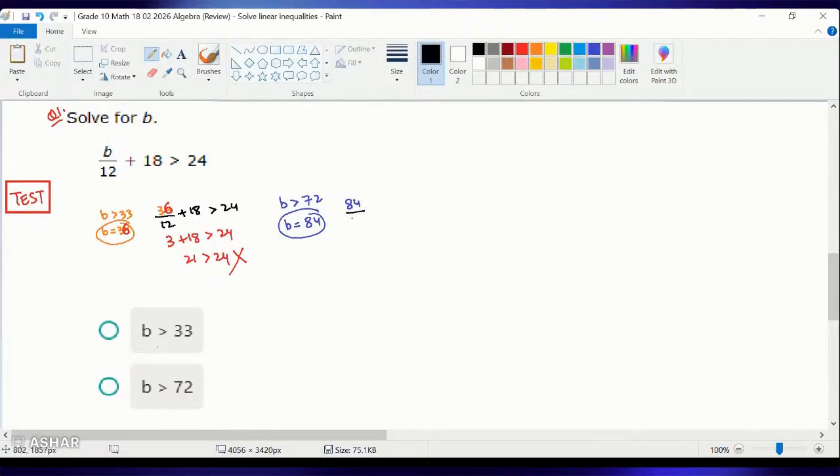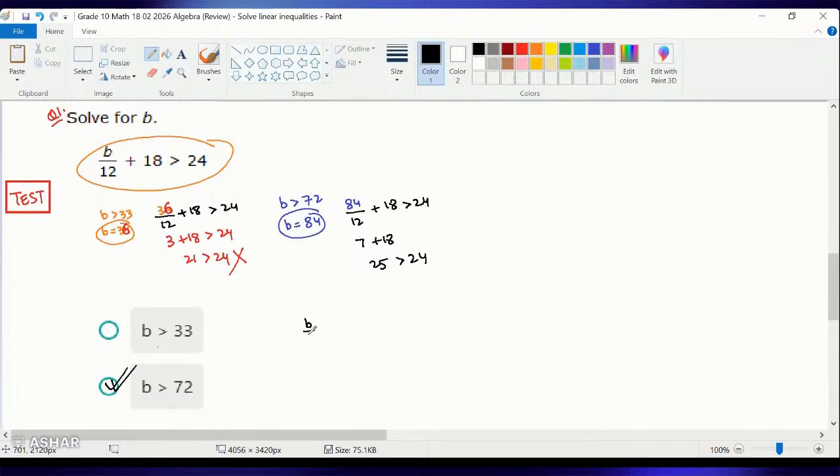I took a number that is divisible by 12, right? So this becomes 7 plus 18, that is 25, which is greater than 24. That means this is the answer. Let's confirm.